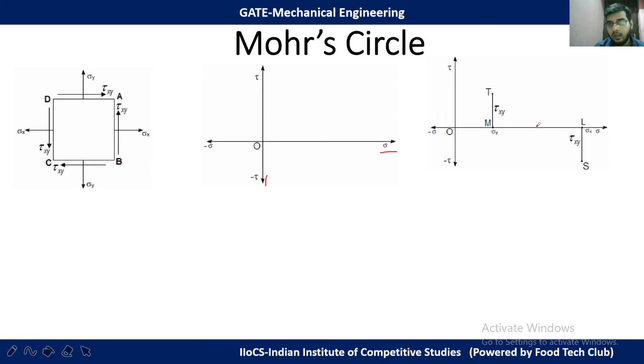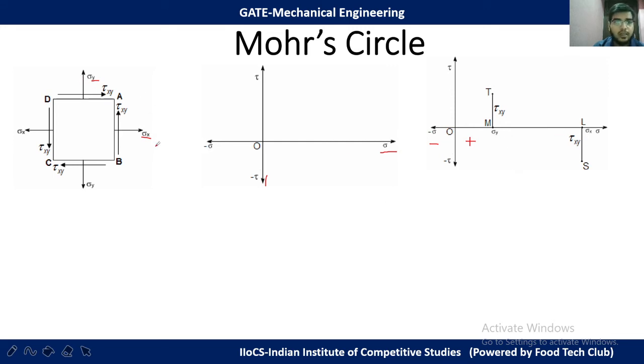One is for sigma x, sigma y. Okay, so we can see that both sigma x and sigma y are tensile stresses. Okay, in Mohr circle diagram, tensile stresses are taken on the positive side. Okay, and compressive stresses on the negative side. Okay, so since both are tensile, both are taken on the positive side.